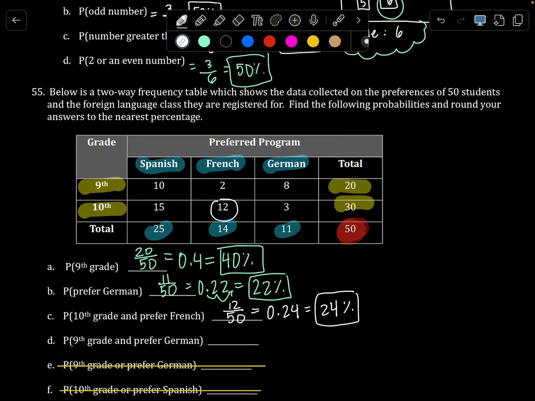Again, get your pointer fingers, 9th grade row, and prefer German. That is 8 out of 50. 8 out of 50 is 0.16, which is equal to 16%. Are there any questions?